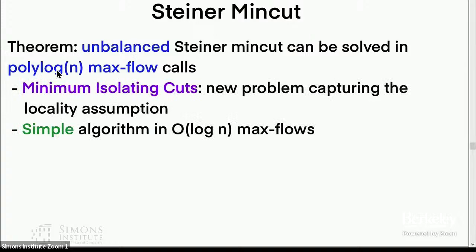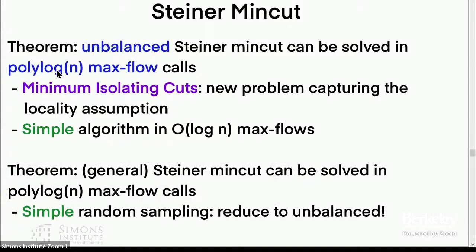For this, we define a new problem that essentially captures the unbalanced case. And we gave a simple algorithm to solve this problem in log n max flows. And then for the general case, we reduced the general case to the unbalanced case by simple random sampling.